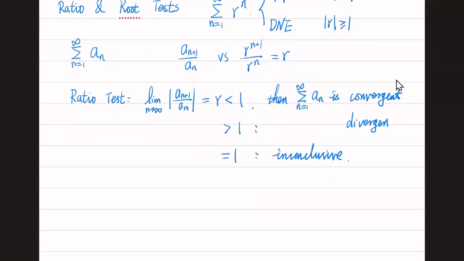Okay, let's try one example. This series, how do we determine if it's convergent or divergent?